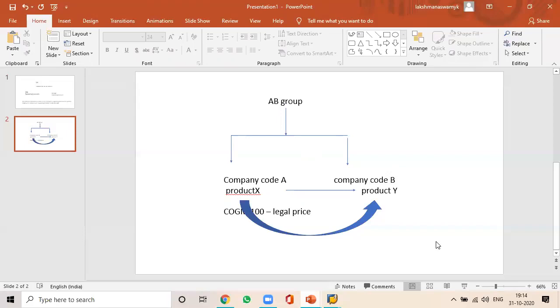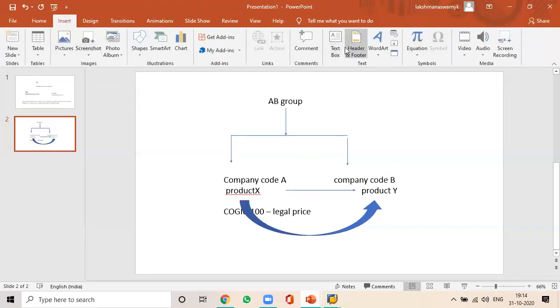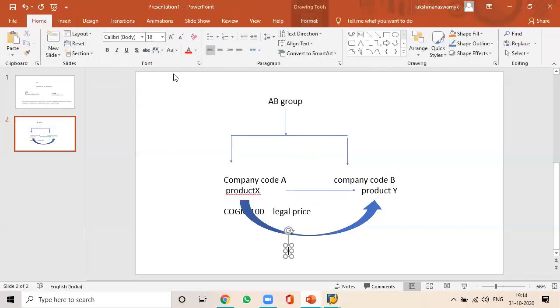So let us say company code A is charging 130 rupees per unit.